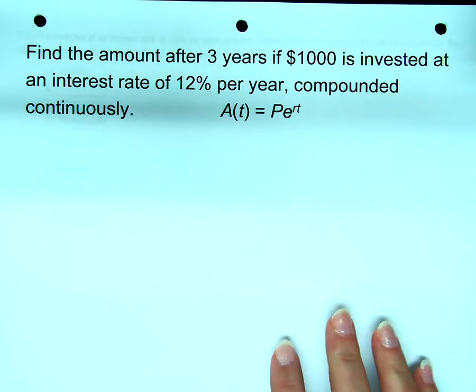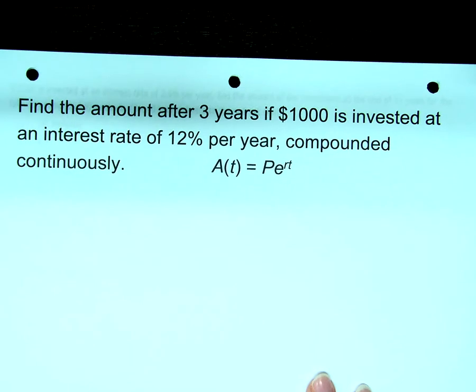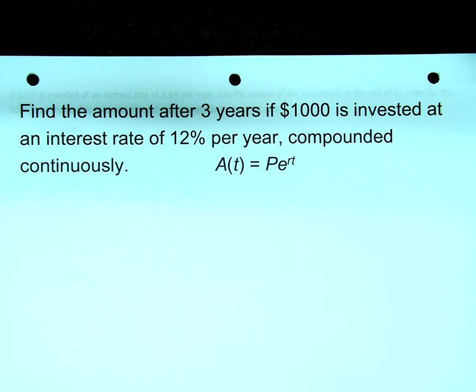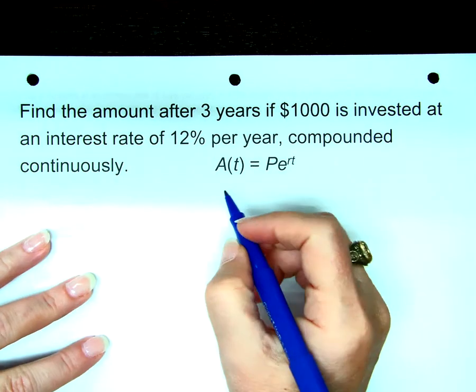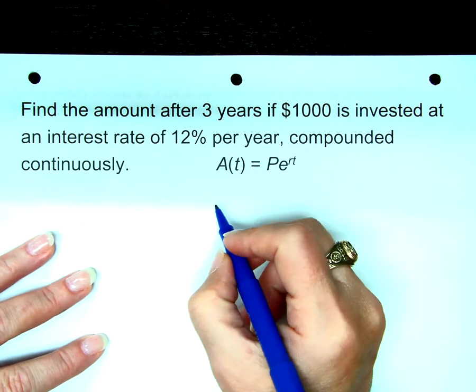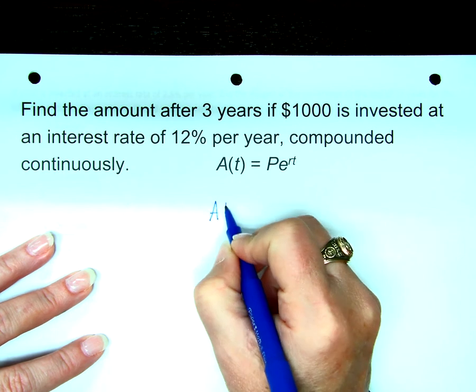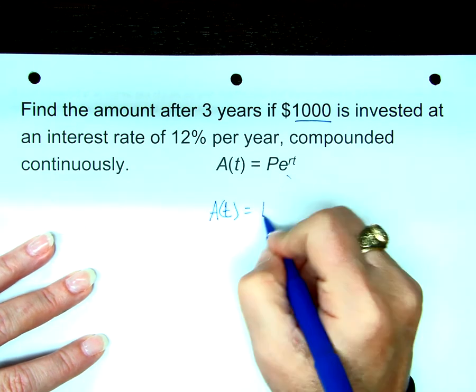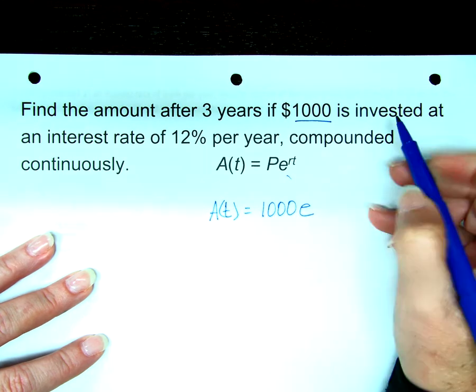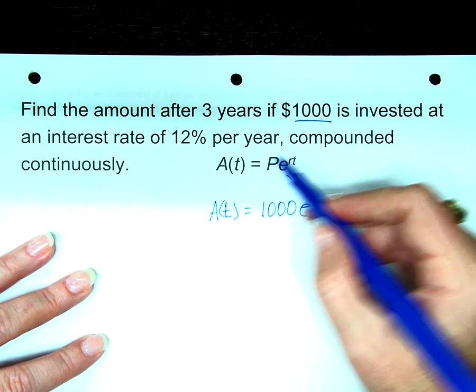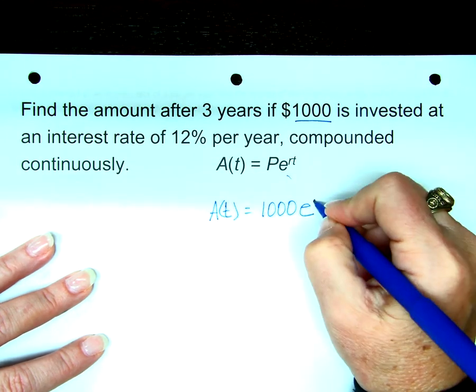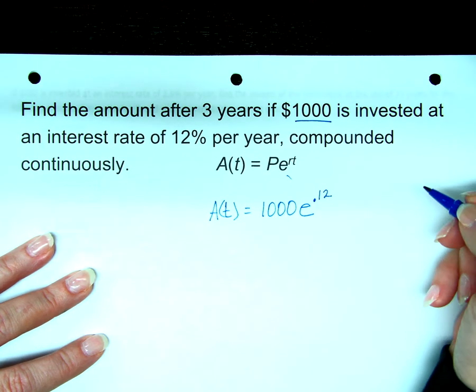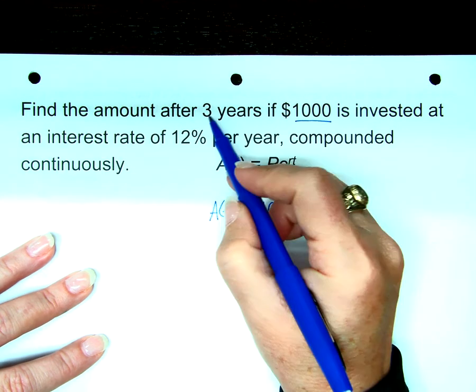So find the amount after 3 years if $1,000 is invested at an interest rate of 12% per year, compounded continuously. What we end with is what we're trying to find. So A of t equals 1,000, which is what we start with, e raised to the rt power. r is our rate, so 12% goes in as 0.12, times t, which is 3.